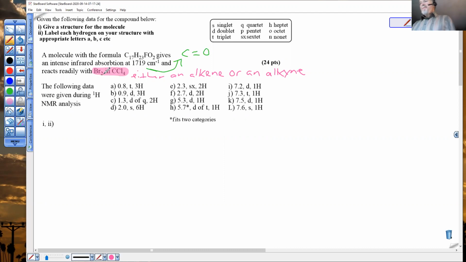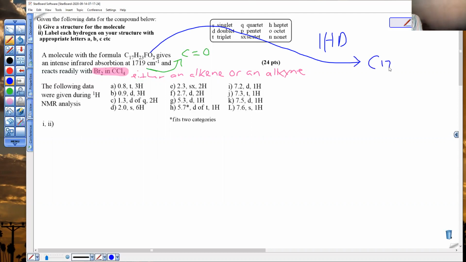Now, in terms of index of hydrogen deficiency, IHD, we have a molecule that's C17H23FO2. That corrects to this formula, C17H24, keeping in mind that a halogen replaces a hydrogen.